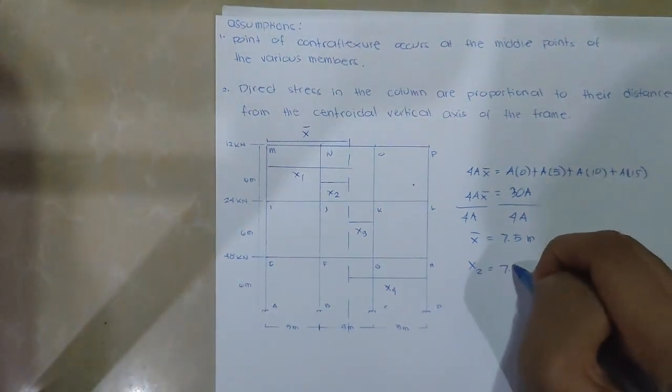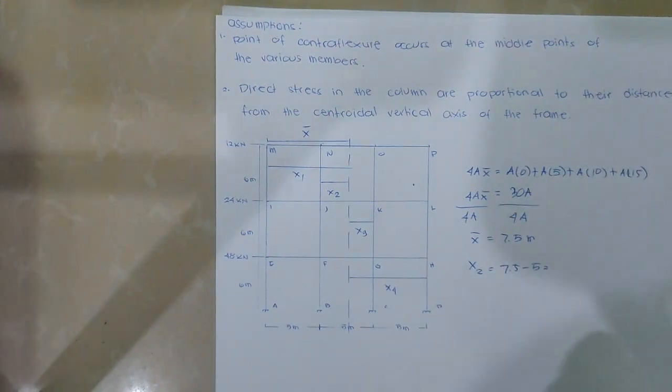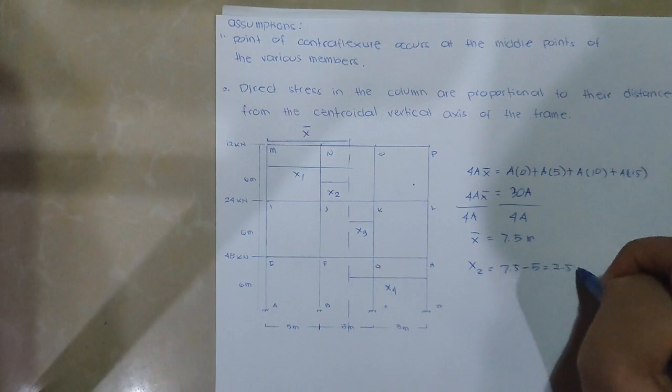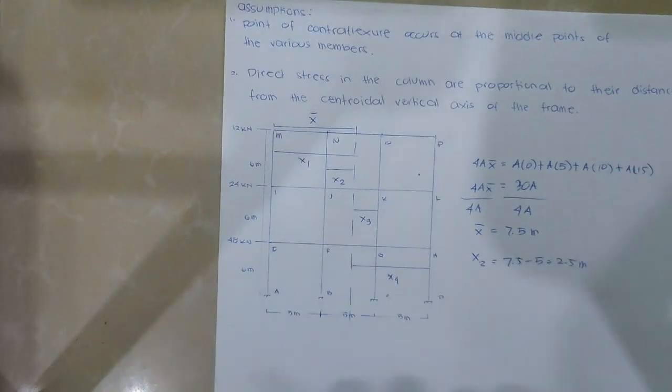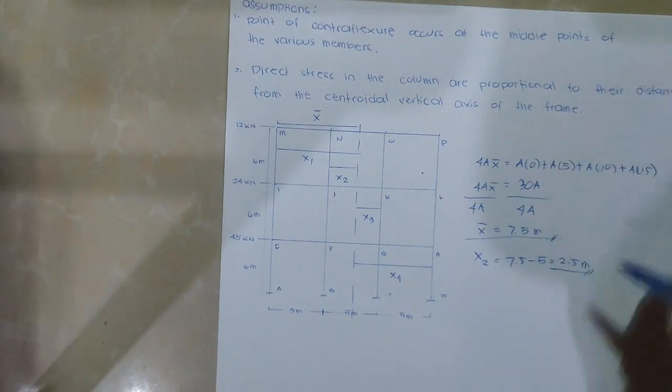So 7.5 minus 5 meters is equal to 2.5 meters. This is our x2. And this will be our x1 or x bar.